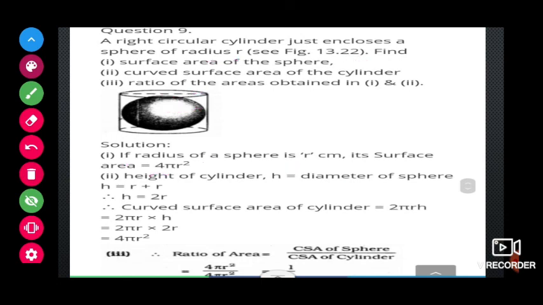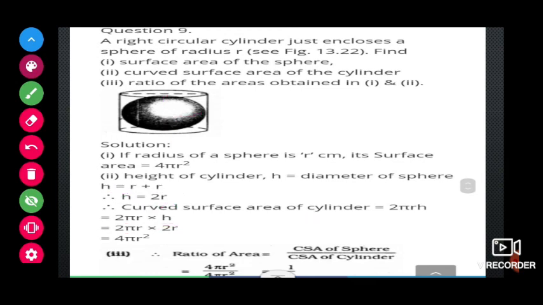That's it. Next, the height of the cylinder. The height of the cylinder will be the diameter of the sphere. The diameter of the sphere will be r plus r, that is 2r. So the curved surface area of the cylinder is 2 pi rh, 2 into pi, radius will be r only, same as the sphere has, and height will be 2r.